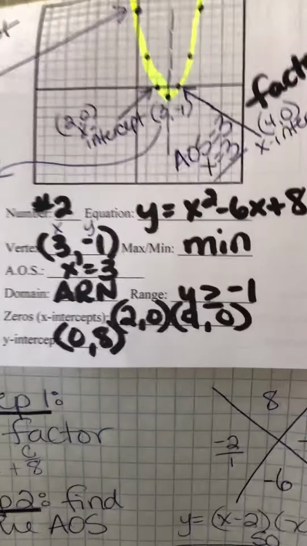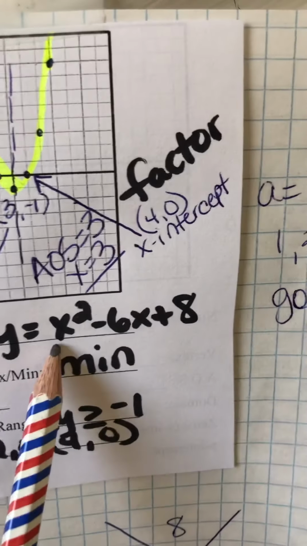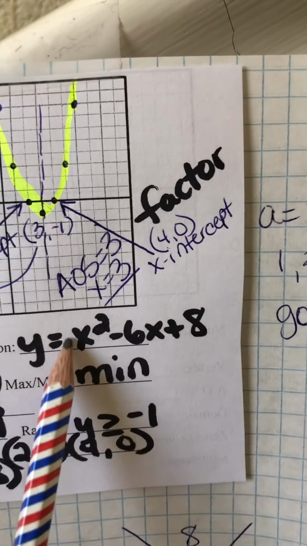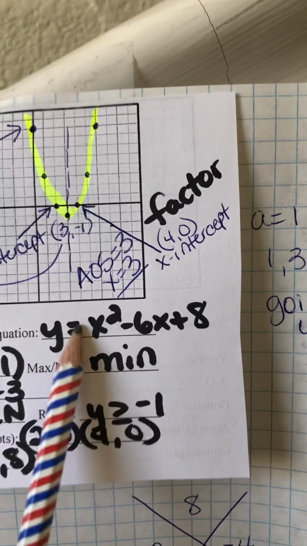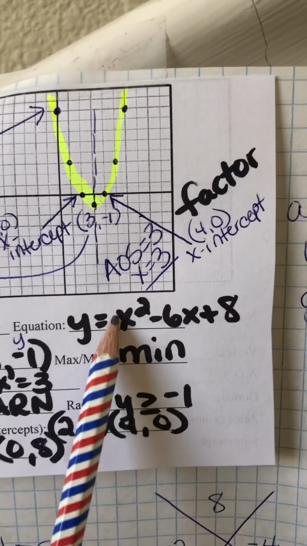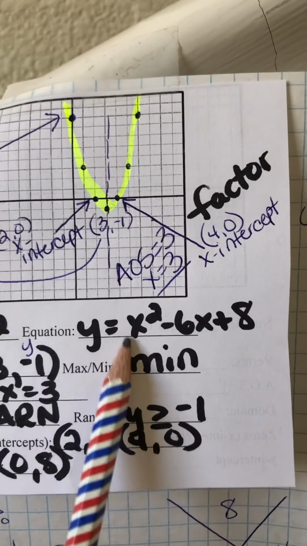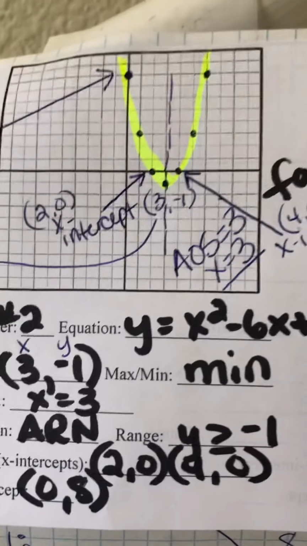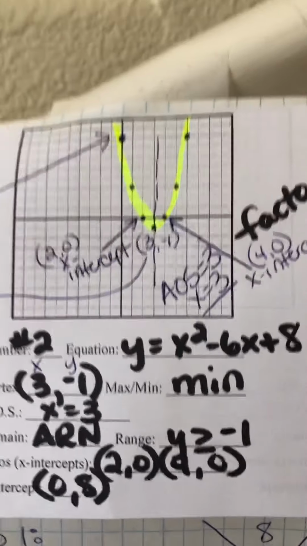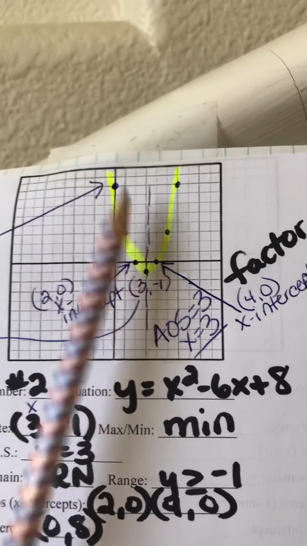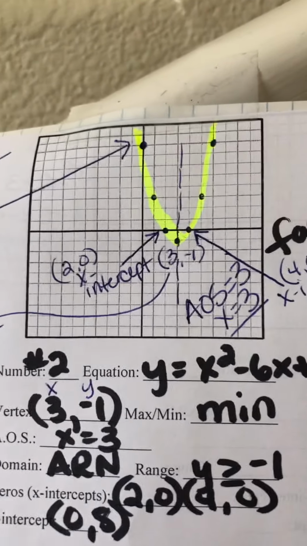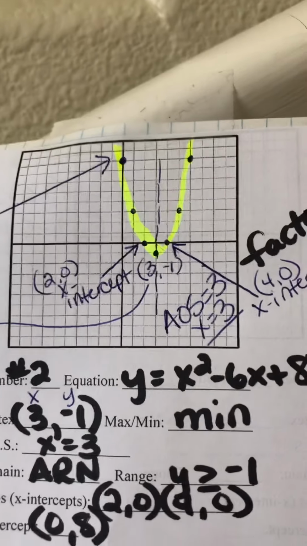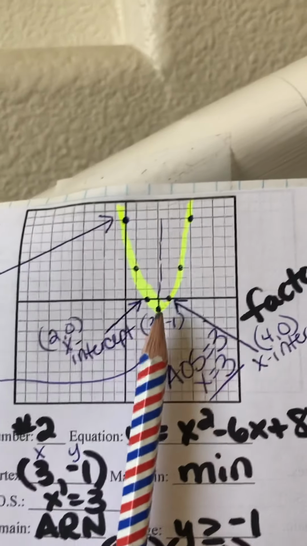Well, if we look at our equation here, this is our A. We do not have a negative there, and we know that A is 1. We also know that since there isn't a negative, it's going to be a minimum vertex, so our graph is going to open up. So we're going to go up 1 over 1, up 3 over 1, up 5 over 1.